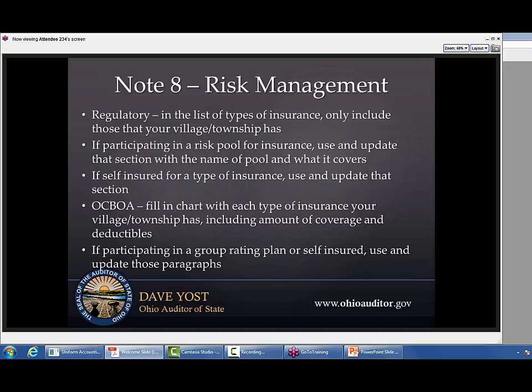Risk management. This is where you talk about your insurances and what kind of coverages that you had. So, for example, a lot of townships would have OTARMA that you purchase your insurance through. And as a matter of fact, that is the example for the townships on our website, and it talks about the different types of insurances and who it's with.